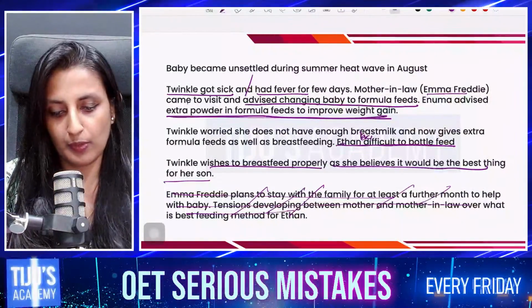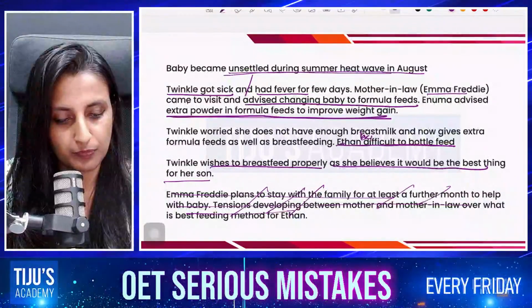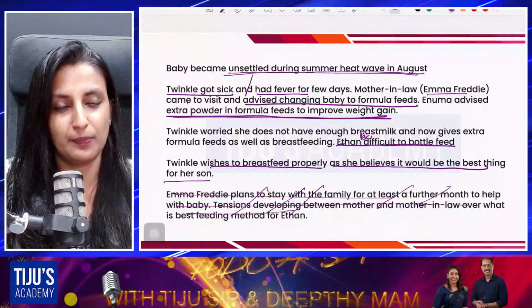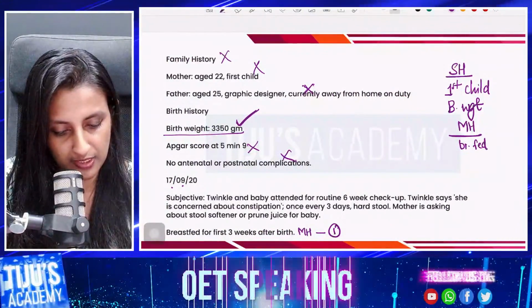എന്നിട്ട് നമ്മൾ എന്ത് പറഞ്ഞു? Ethan was unsettled during summer heat wave in August. This is also a past information. So നമ്മൾക്ക് എന്ത് പറയാം? First information MH1 ഇതെഴുതി.